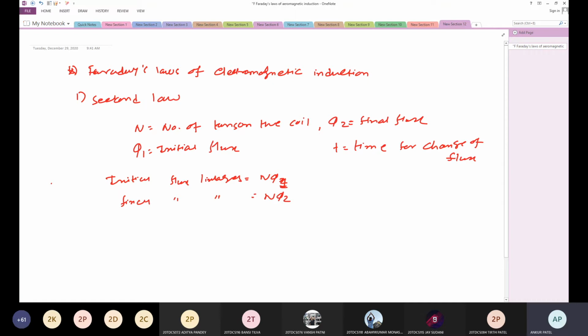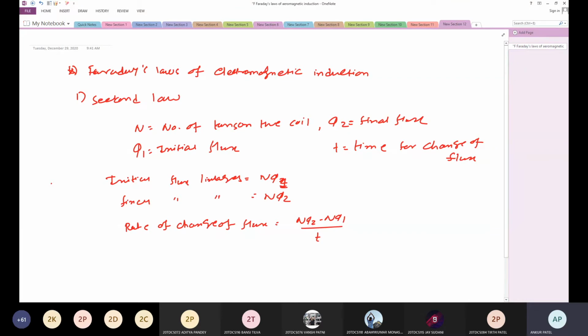So rate of change of flux linkages is equal to N phi 2 minus N phi 1 divided by T. Okay.